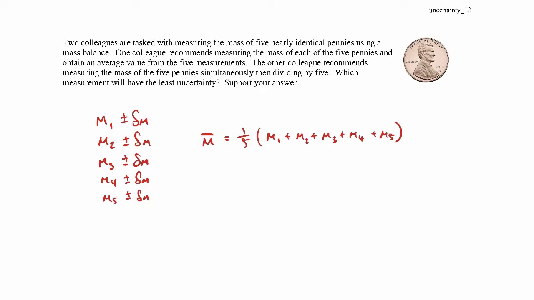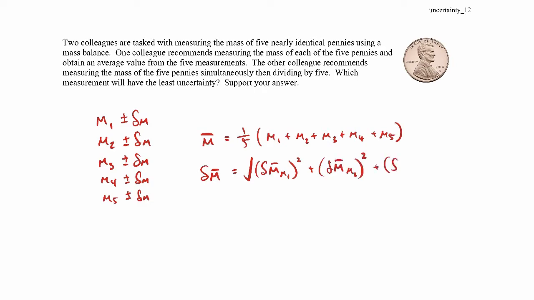Now, that's giving us our average, but now let's calculate the uncertainty associated with that average measurement. So we're trying to get the absolute uncertainty in the average. That will be following our propagation of uncertainty approach. That'll be the absolute uncertainty in the average measurement due to the absolute uncertainty in mass 1 squared, plus we do that for each measurement.